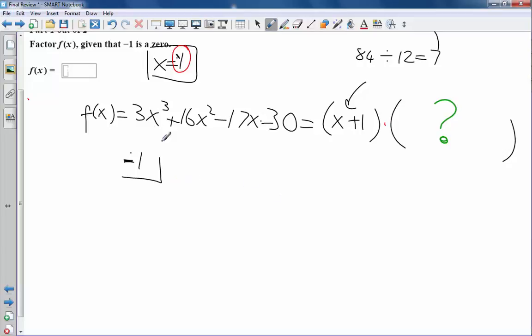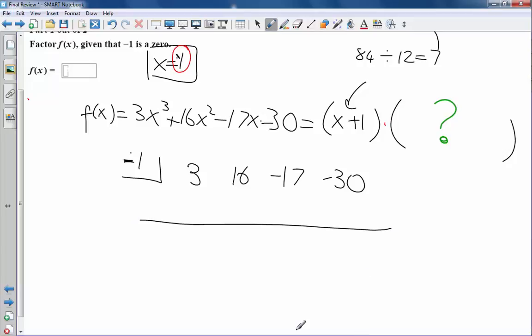And what comes here is just the coefficients: 3, 16, minus 17, and 30. And you put the horizontal line, bring the first one down, correct? And multiply, put it next. Add, multiply, put it on the next line. Add, multiply, put it in the next spot.